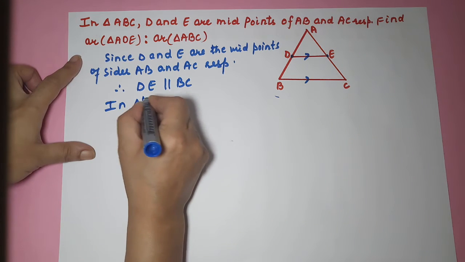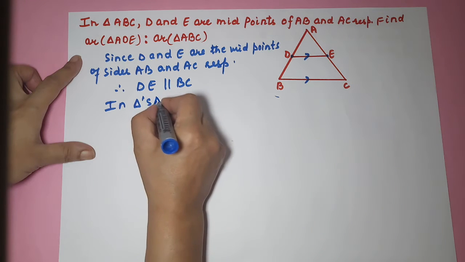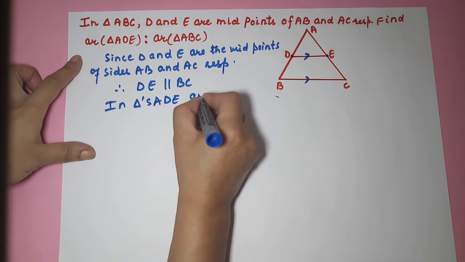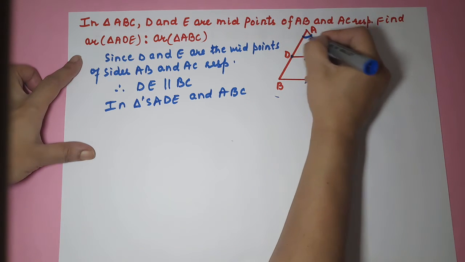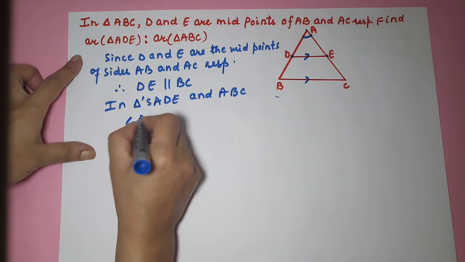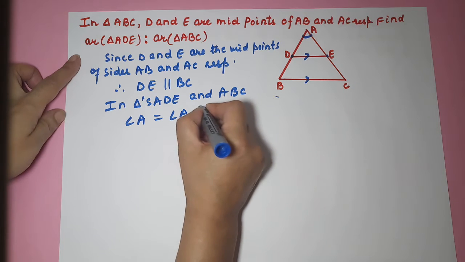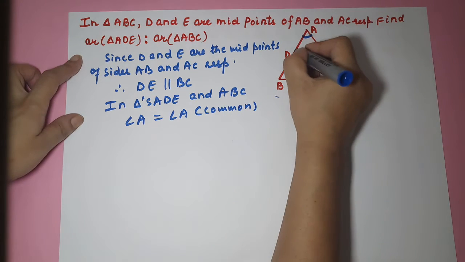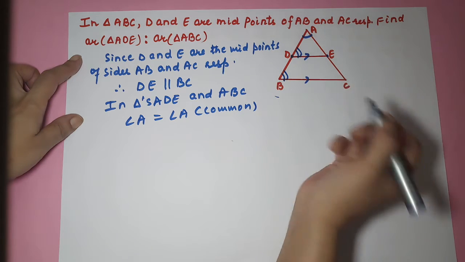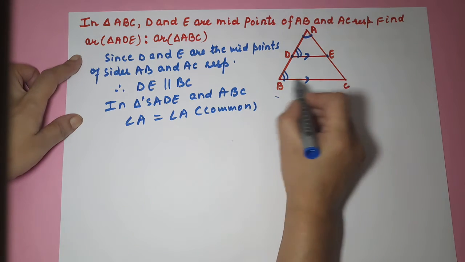In triangles ADE and ABC, this angle is common. Angle A is equal to angle A, common in both. And this angle is equal to this angle because now we have proved DE is parallel to BC.